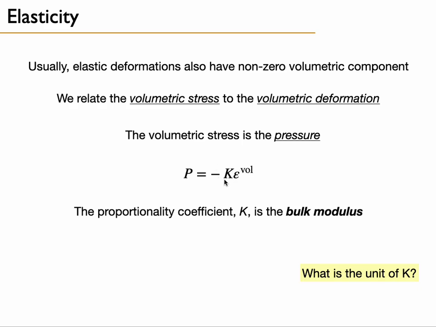There is a coefficient of proportionality between P and epsilon vol, and this is the bulk modulus. Once again, what's the unit of K here? The volumetric strain has no unit. P is pressure, so it has unit Pascal. K has to be unit Pascal.